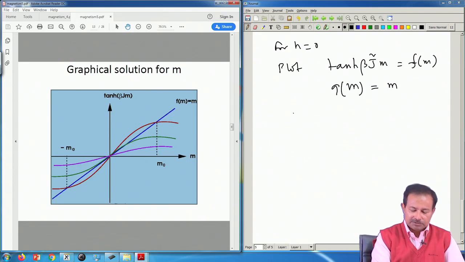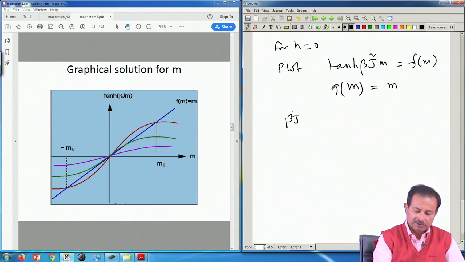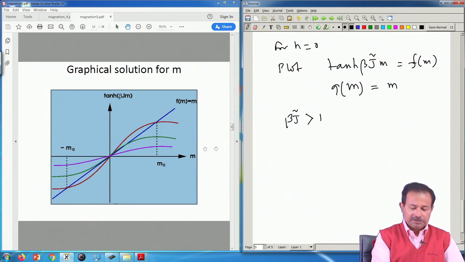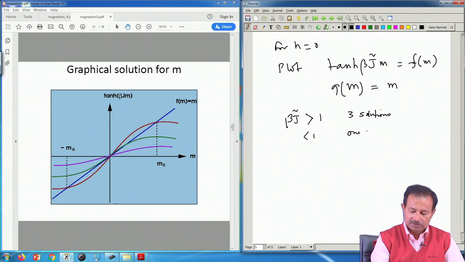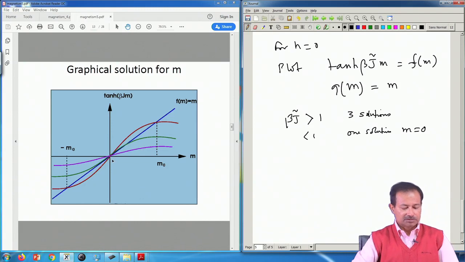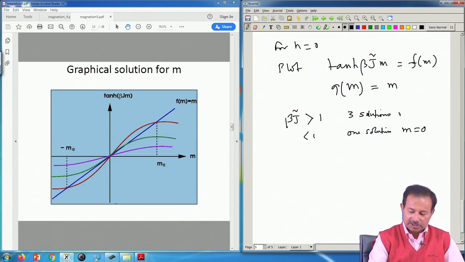Now, if the slope beta j tilde is more than 1, then you have 3 solutions. If it is less than 1, you have only one solution, which is m equal to 0, and that is exactly what is shown here. The 3 solutions are m equal to 0 and plus or minus m naught.